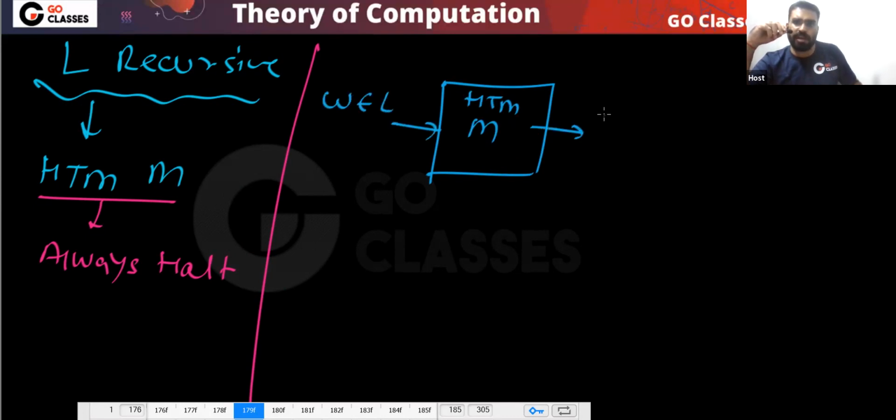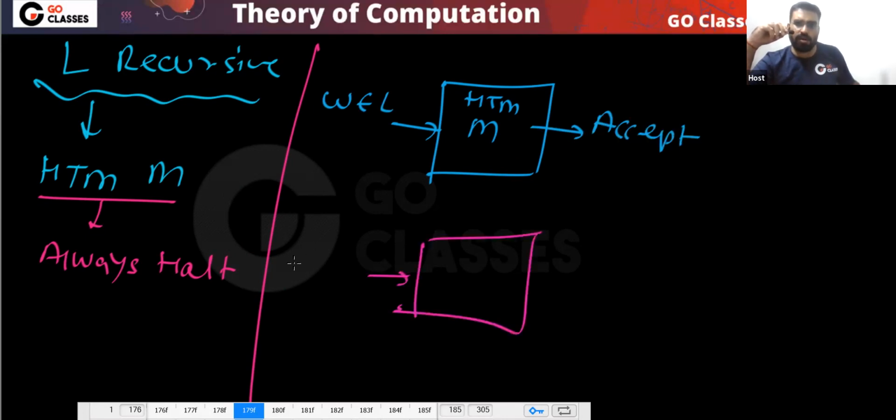On w in L, it will halt and accept. And on w which do not belong to L, what will it do?